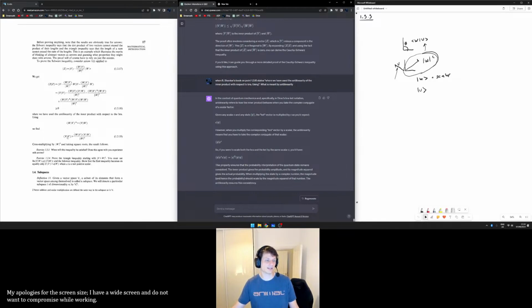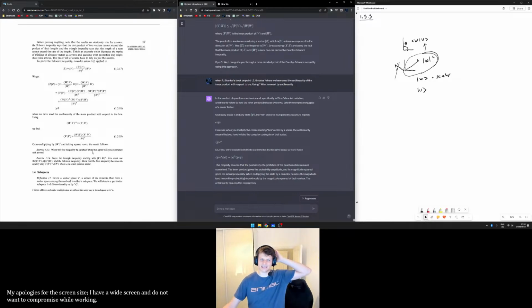We find that the inner product of V is greater than the multiplication of the two inner products over the magnitude squared. So cross multiplying by W squared and taking square roots, the result follows.